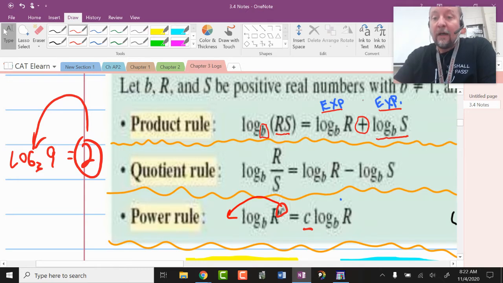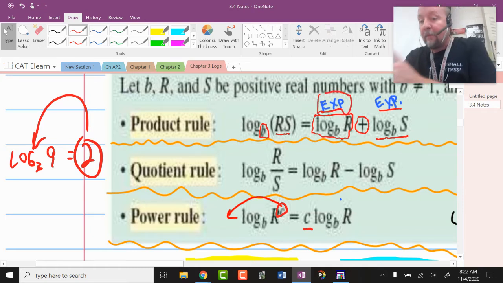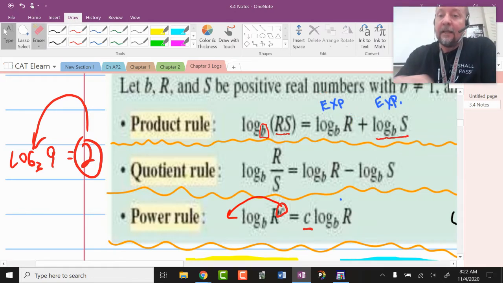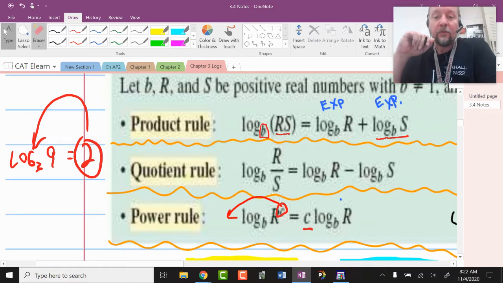B to what power equals r? When you evaluate this, the answer is an exponent. And b to what power equals s? The answer to this is an exponent. What are you doing with these two exponents? You're adding them. So it is numbers of the same base being multiplied together, add the exponents rule.